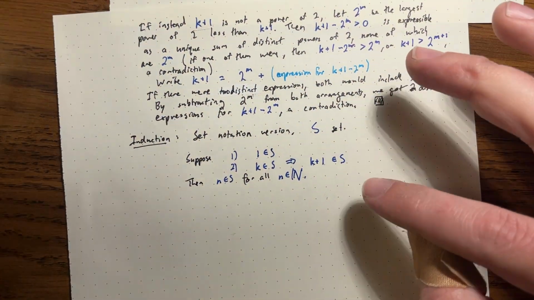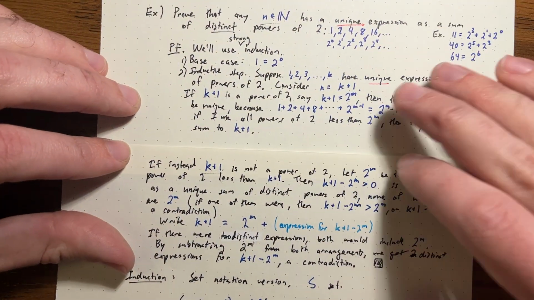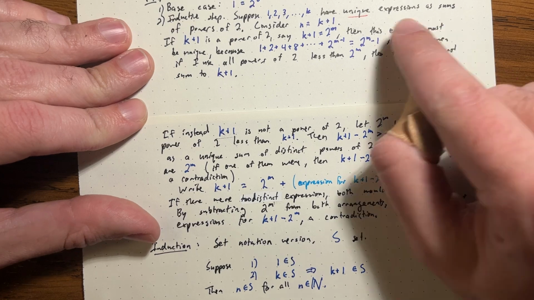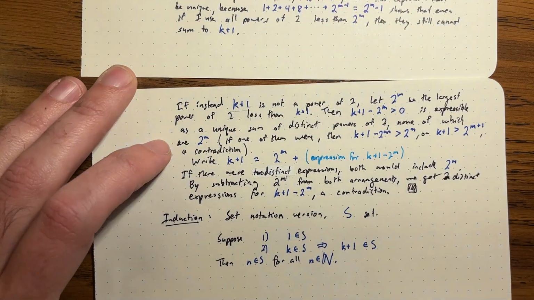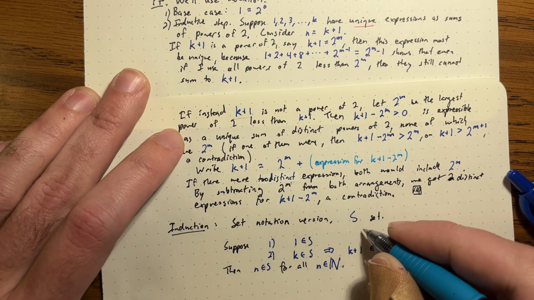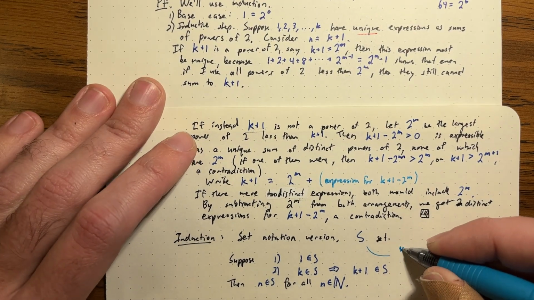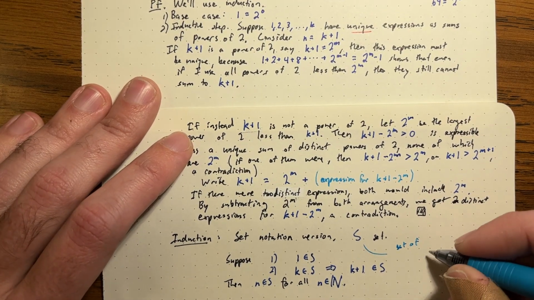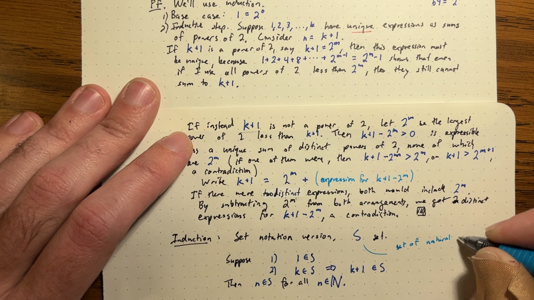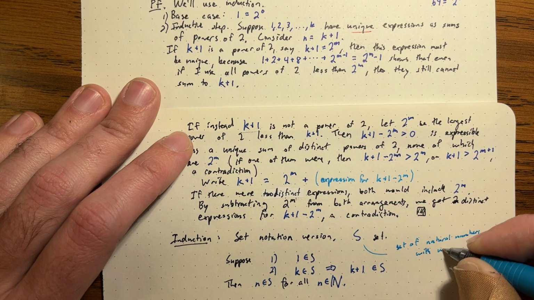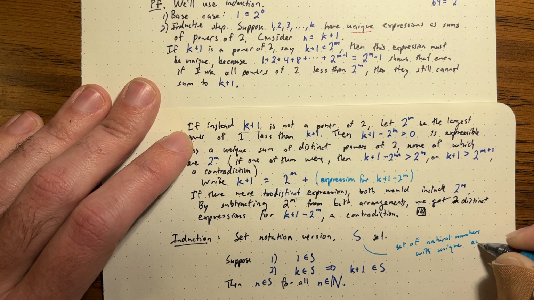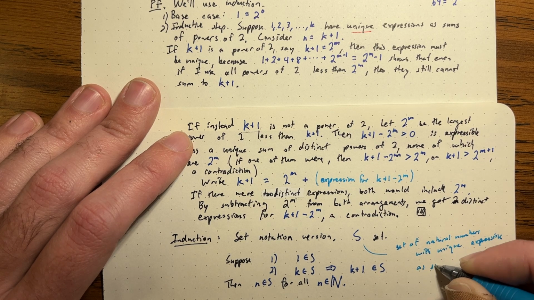And if you use this instead, when you're phrasing this proof, you can save saying this whole thing. For example, we basically just did the strong induction version, where in our example, S was the set of natural numbers with unique expressions as sums of powers of 2.